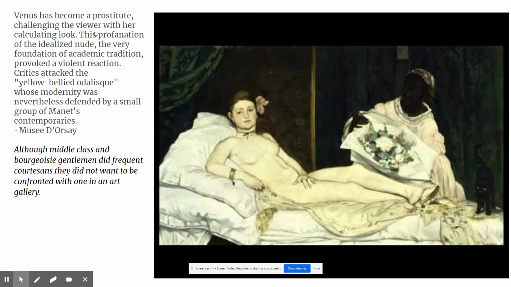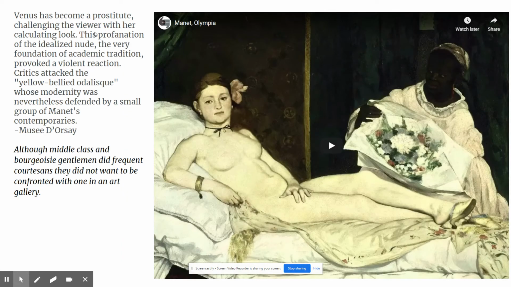So this was extremely controversial when it came out, as was, again, those realist painters were really working on defying what is expected from the Academy. We saw that the Romantic painters did that as well, but the realist painters are really, really anti-Academy.